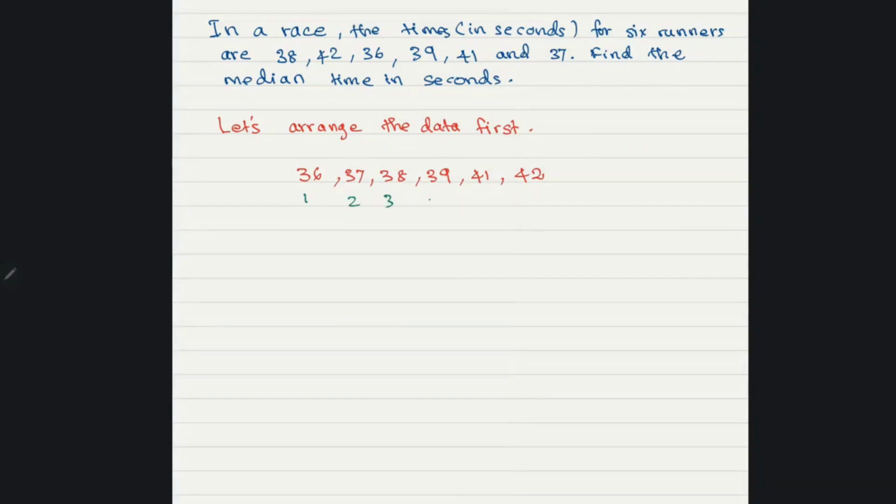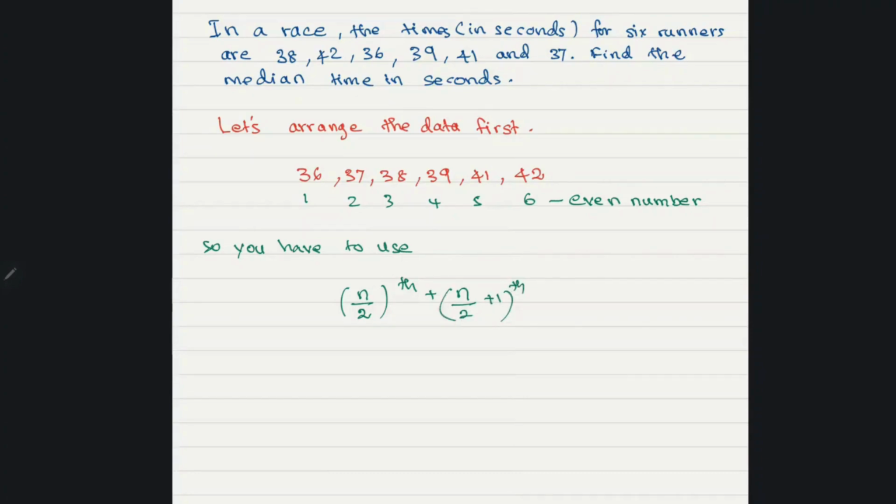And then I have to count the data. So there are 6 numbers. So 6 is an even number. So if it is an even number, you have to use the second formula, which is n divided by 2, that value, plus n divided by 2 plus 1, that value, and you have to divide the two elements by 2.